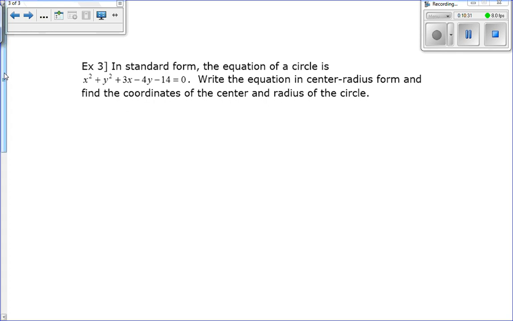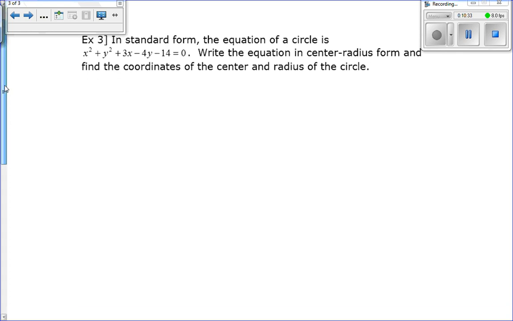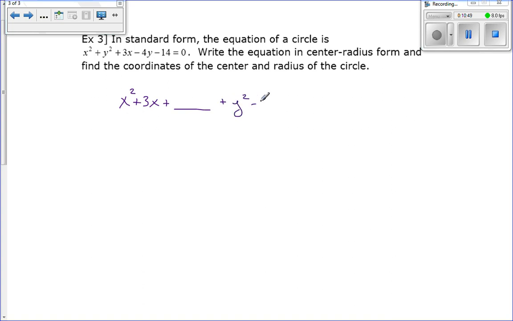Alright, we've got another one where we're going to complete the square. So we're going to group stuff again. x squared plus 3x plus, leave a blank, plus y squared minus 4y plus, leave a blank, equals, move the negative 14 over, 14.